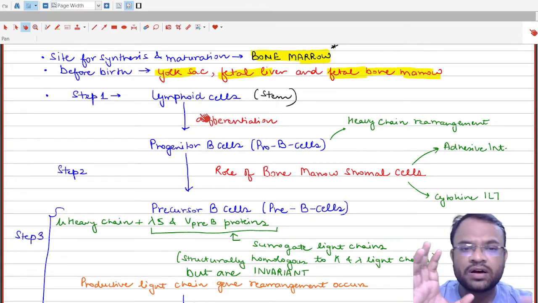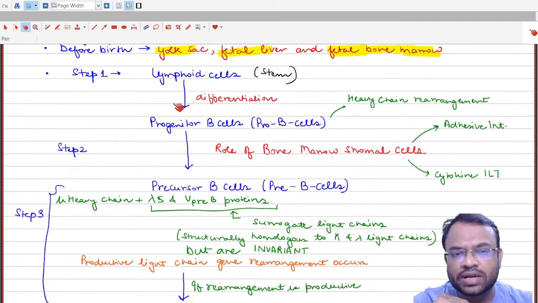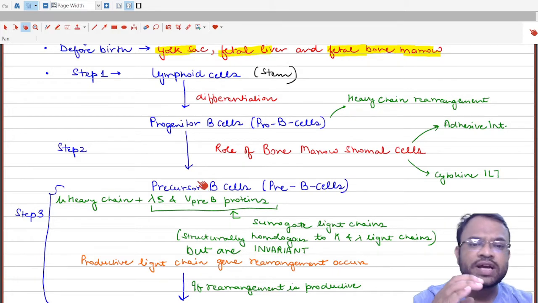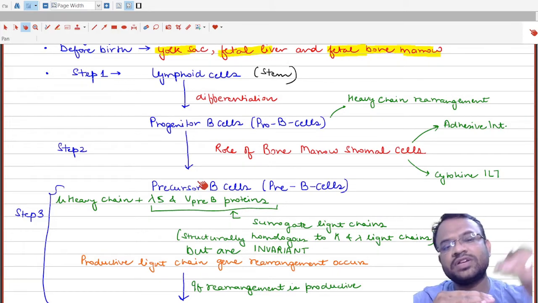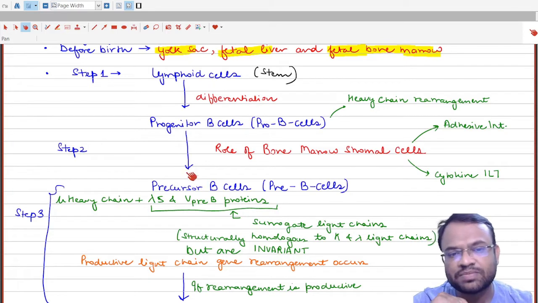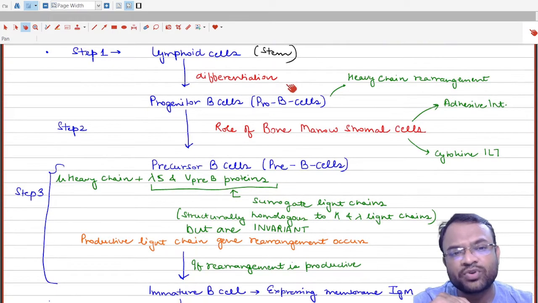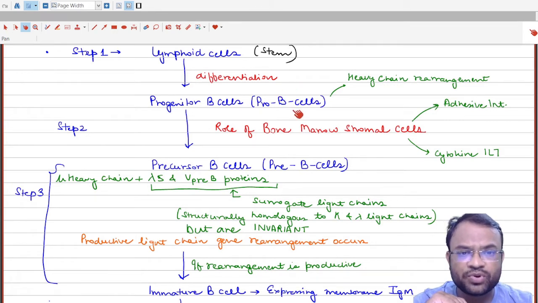After deciding that they will be performing a particular function, they are called progenitor B cells. Progenitor is one stage previous to the precursor cells. Precursor will come over here, and just before precursor we have another stage called the progenitor stage, which in short is abbreviated as pro cells.